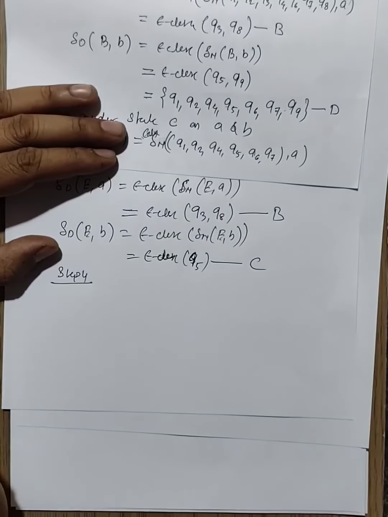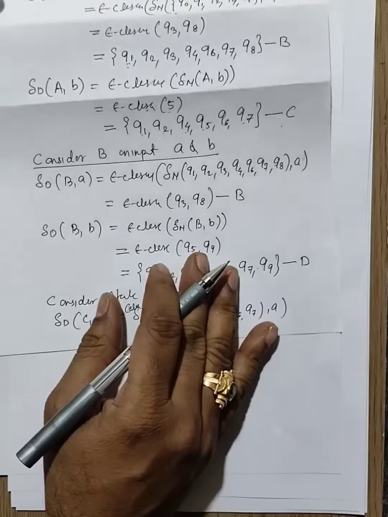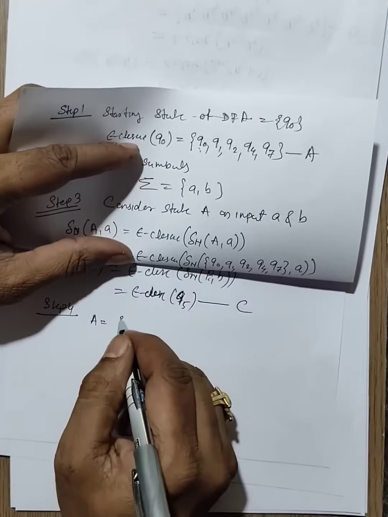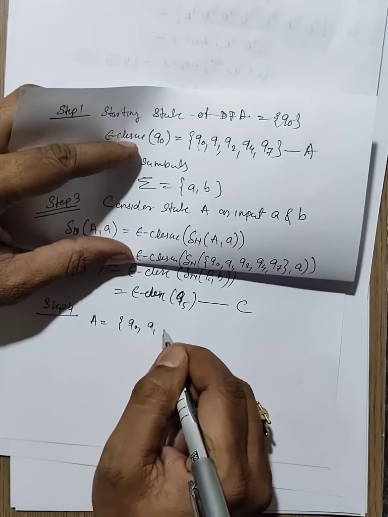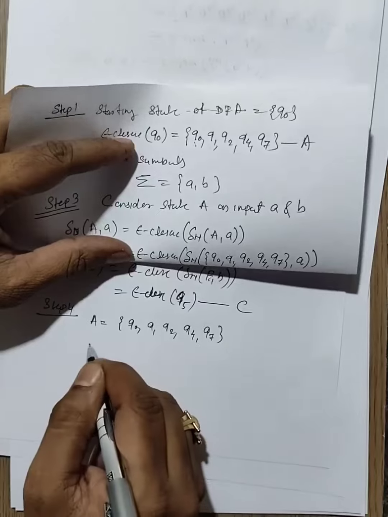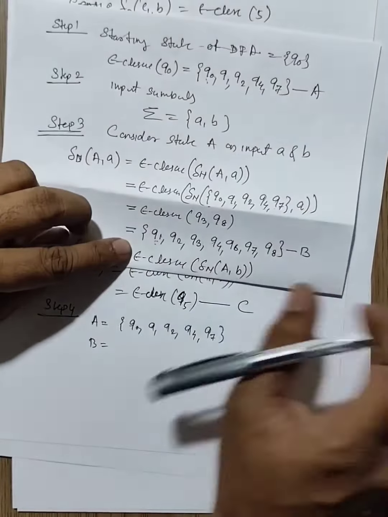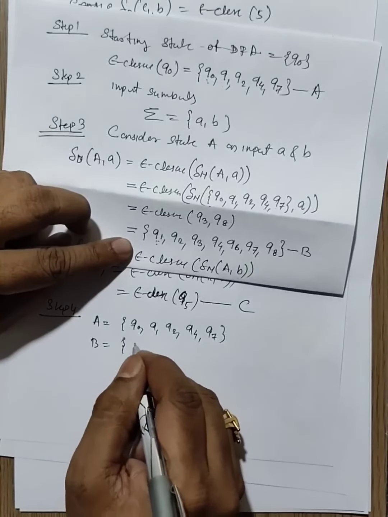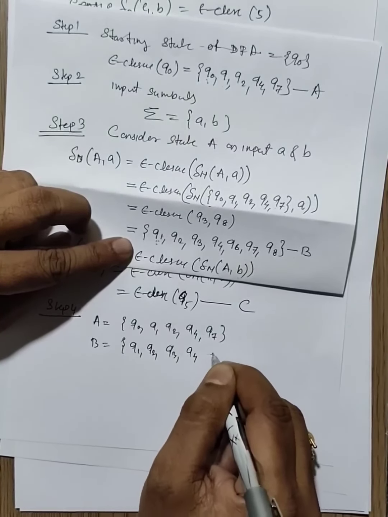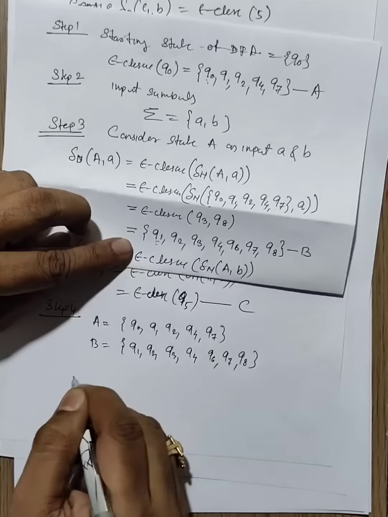Step 4: with initial state and final state. This is A. A means Q0, Q1, Q2, Q4, Q7. Then what is B? B is this one: Q1, Q2, Q3, Q4, Q6, Q7, then Q8.